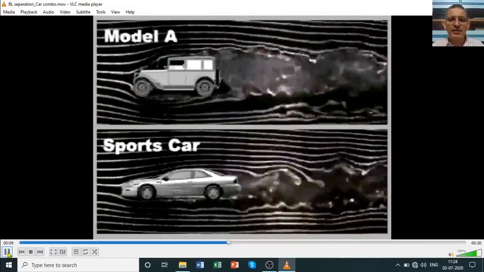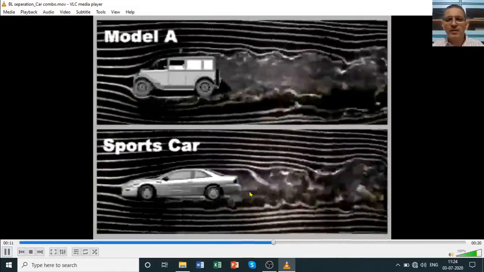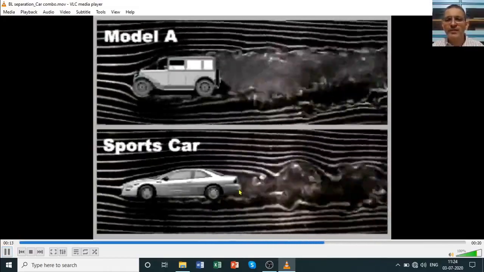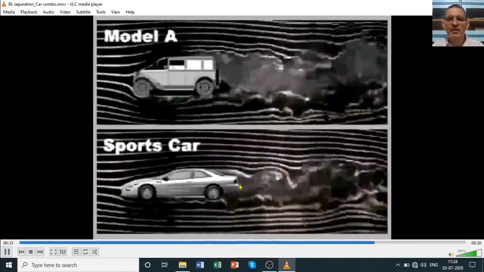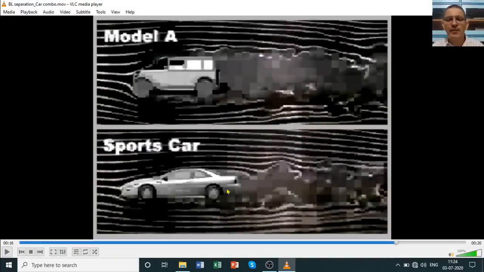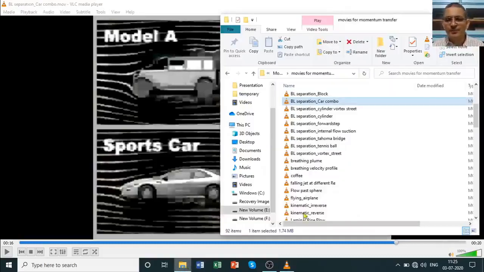And you see that the region of fluid that is affected by the presence of this car in this airstream is much less here, whereas it is much more significant here. Now this is something we call drag. This is something that we will spend a lot of time on in this course, and how this drag makes a difference in our day-to-day life.